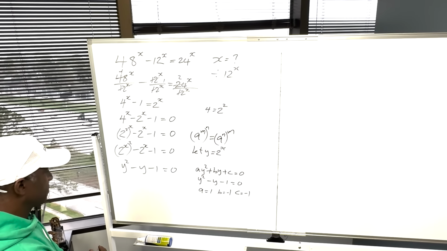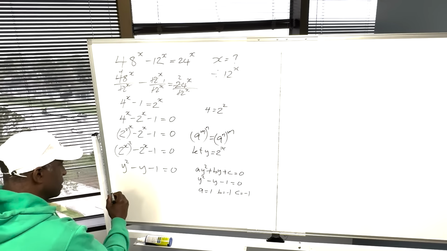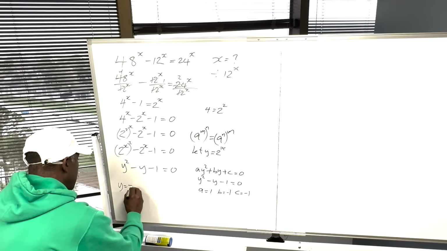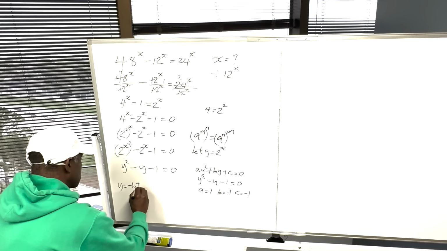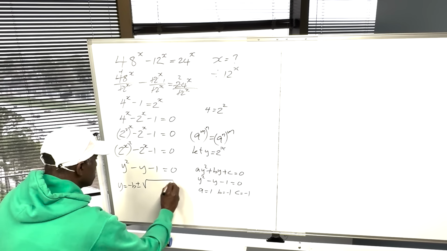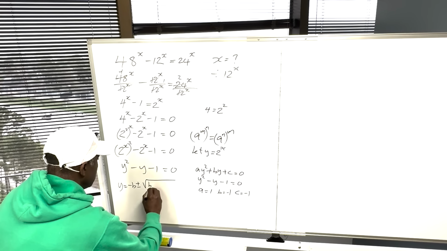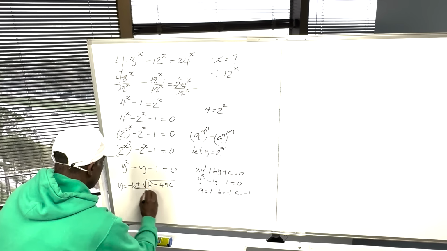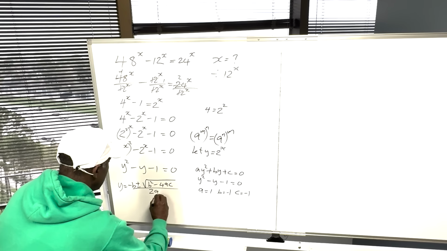We can say that y is equal to minus b plus or minus the square root of b squared minus 4ac over 2a.